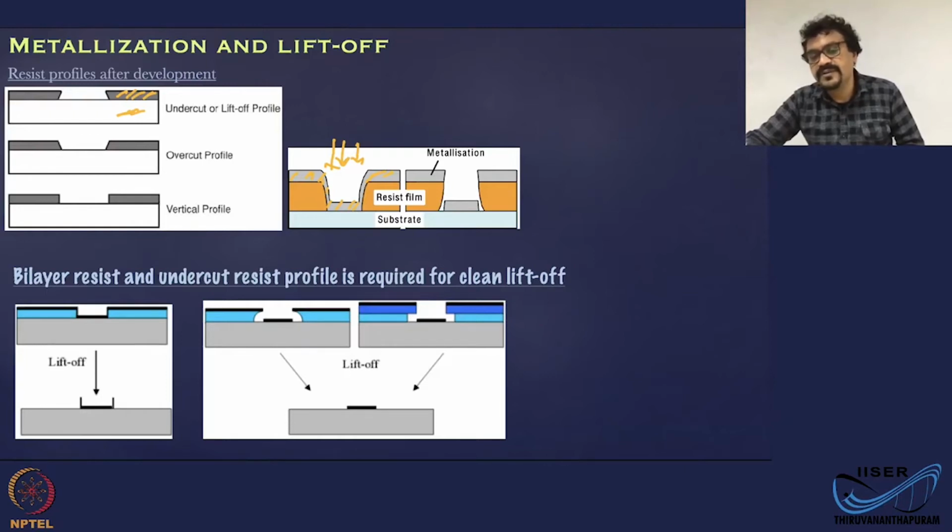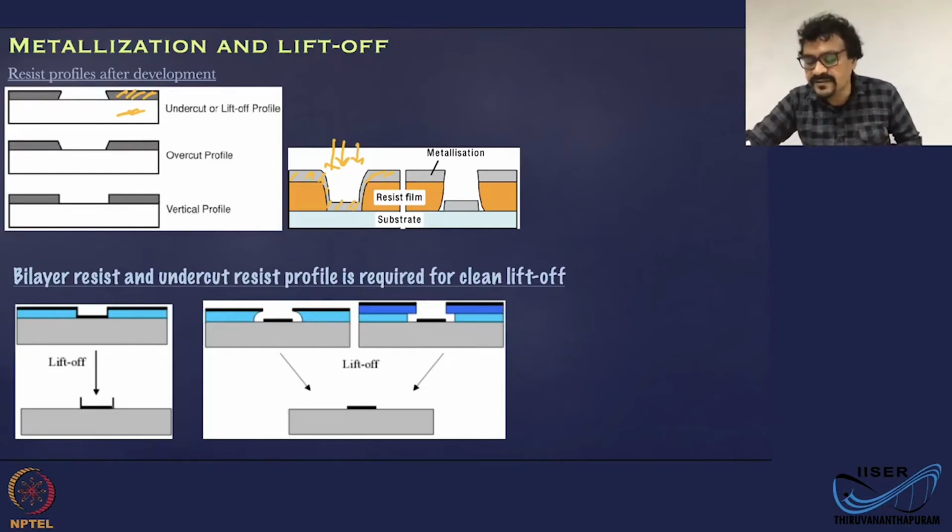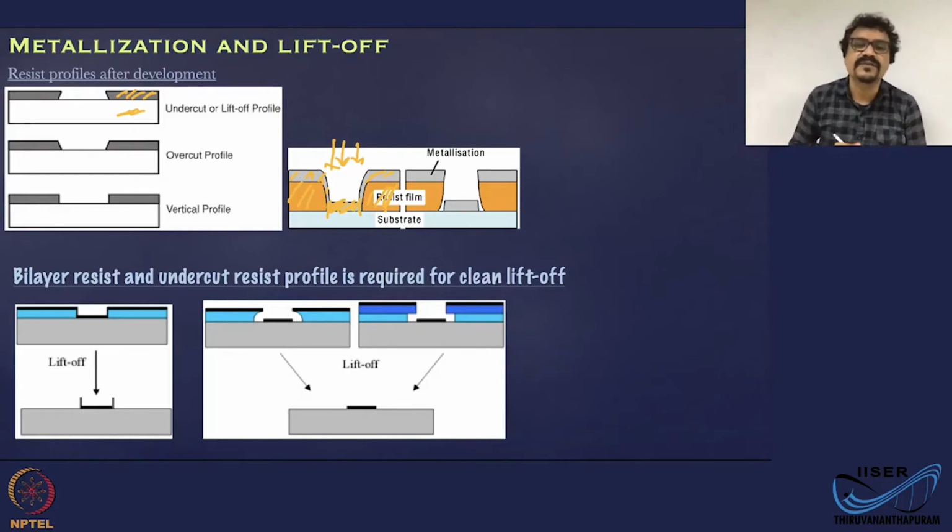Now, the next step is lifting off. Lifting off means stripping the resist, where you will dissolve the resist which is on either side here. Eventually you want to end up with only the metal piece where it is exposed. That's what you want.